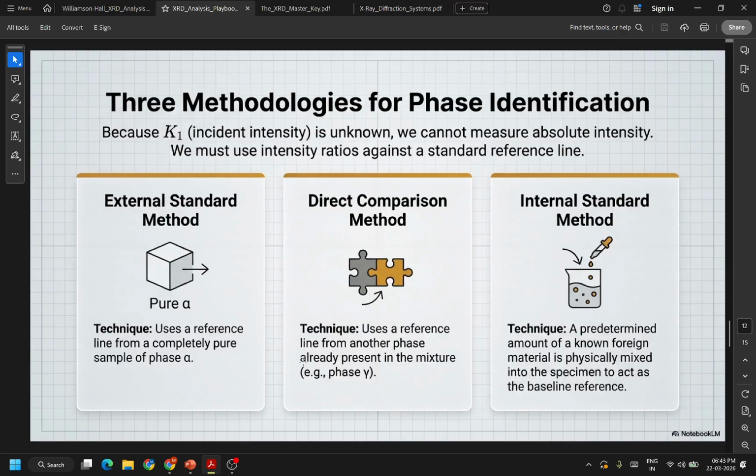One is the external standard method, where you take another sample which is a pure phase, measure the XRD for that, and take a reference line from that to measure the phase fraction in your particular mixed sample.